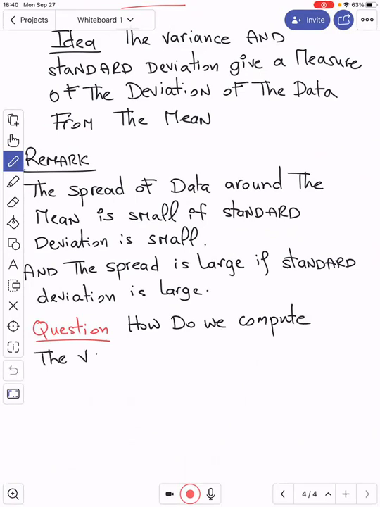I'm going to use the example we had before, the flower diameters.